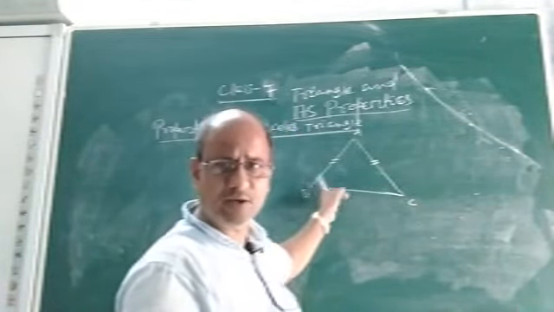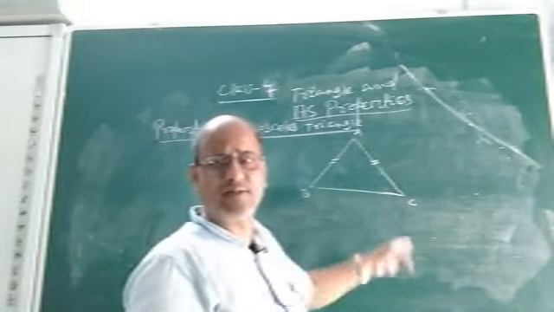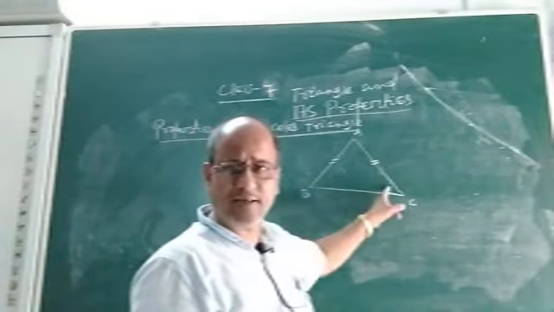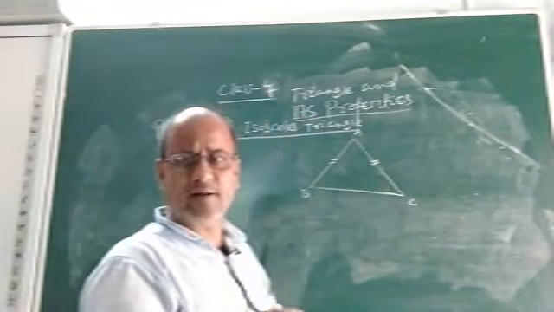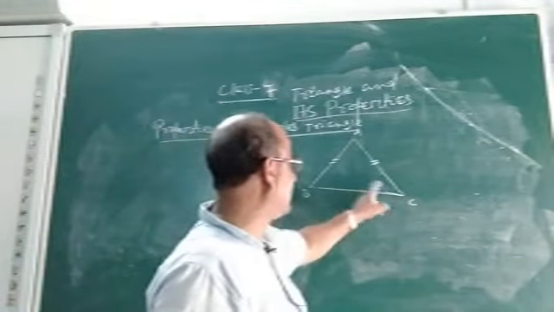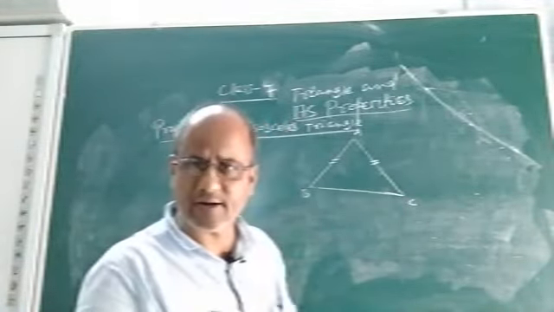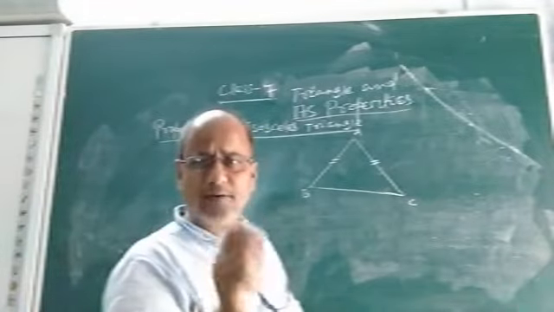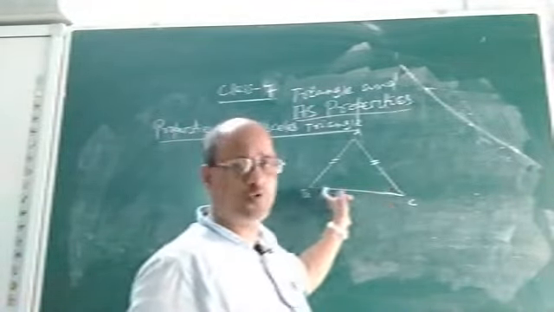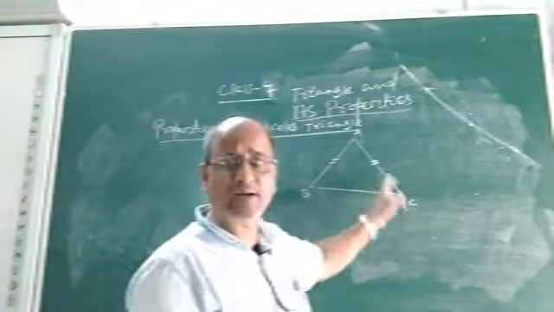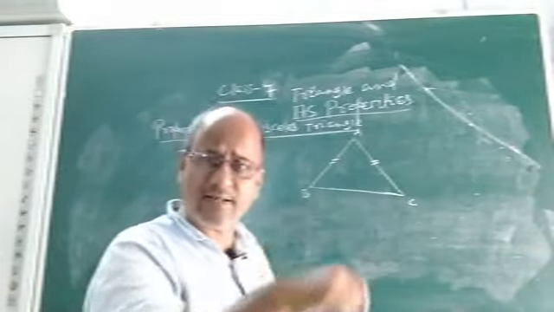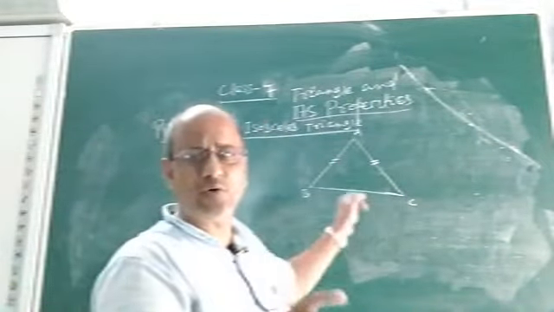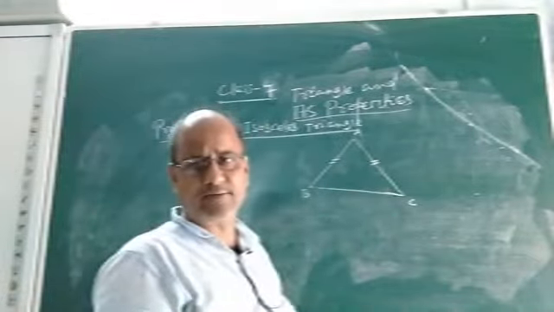Now if two sides AB and AC of this triangle are equal, what will be the relation between angle C and angle B? We have never read this. What will be the relation between the opposite angles of two equal sides?